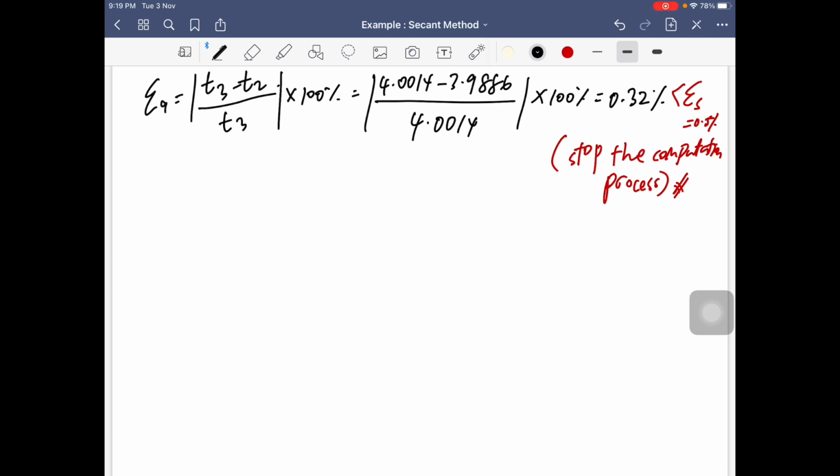If you are really confident with your calculation, then to save time, you can straight away present your solution in a table, like what I summarize here. Okay, so I summarize the solutions in a table as follows.